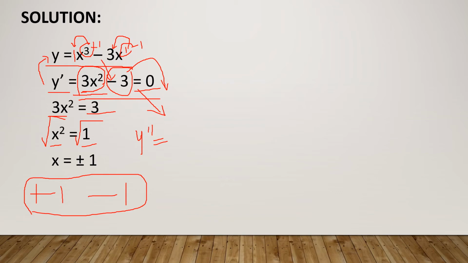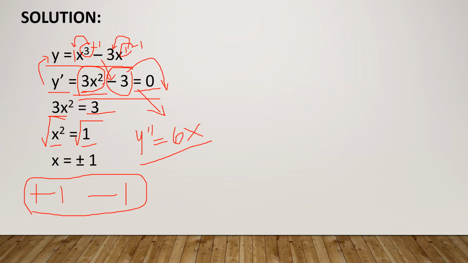We multiply the 2 by 3, which is 6. Then we subtract 1 from the exponent, 2 minus 1, so that will be x. There is still an exponent 1 here, but we don't need to write it because it doesn't affect the value. Now your second derivative is equal to 6x.